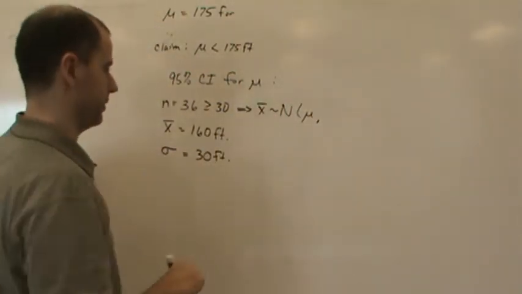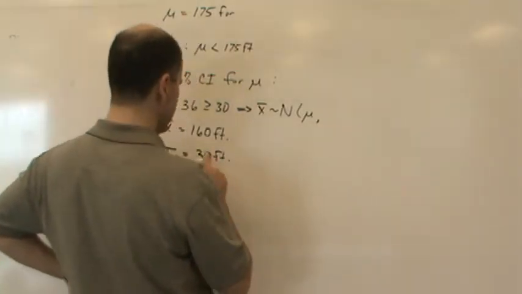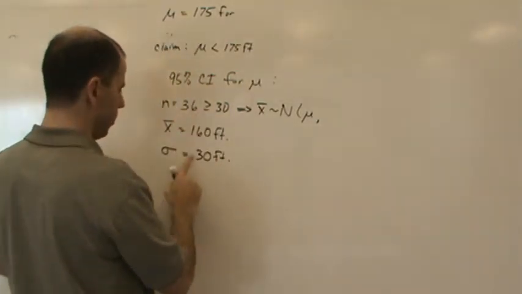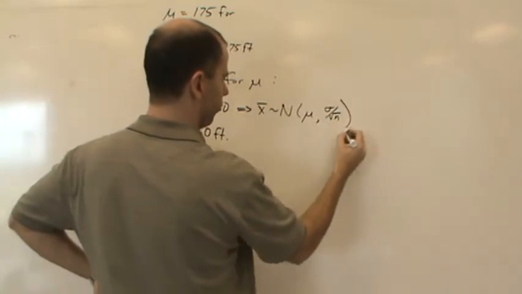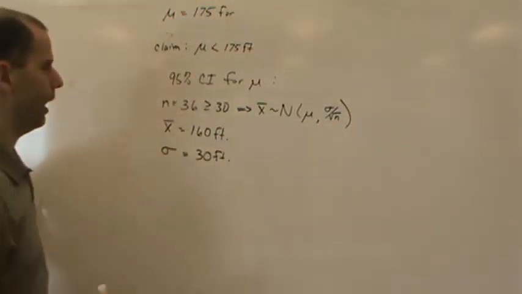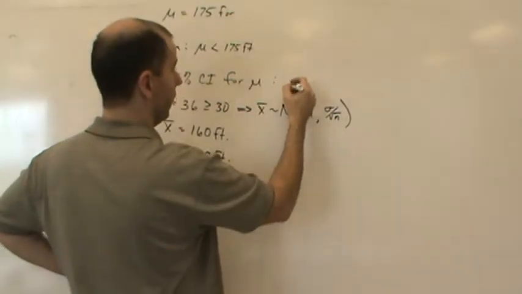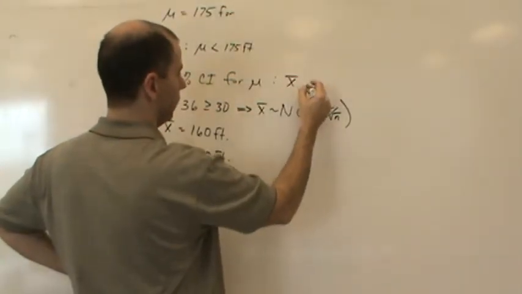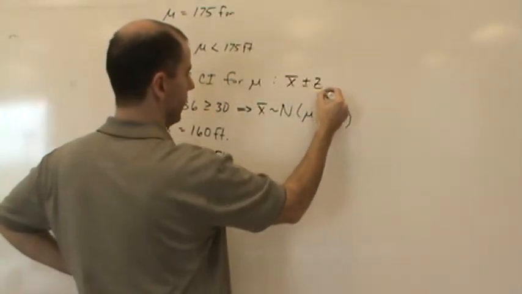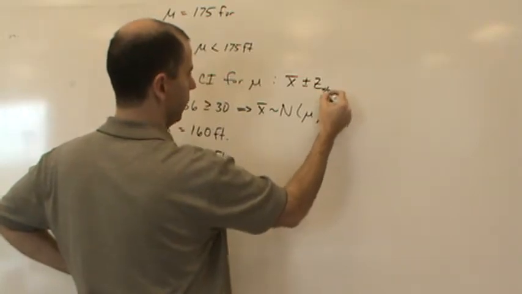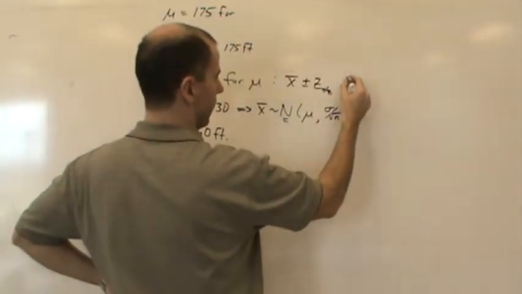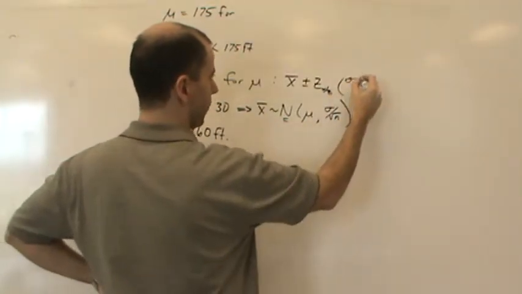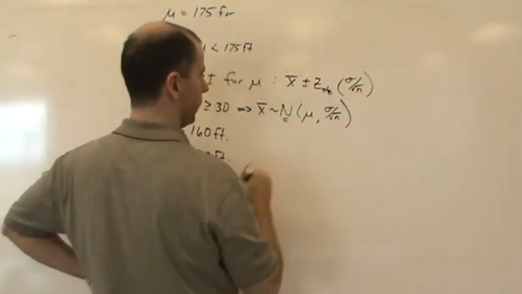But we do know sigma. Sigma is 30, so the standard deviation is sigma divided by the square root of n. Okay? So now, our confidence interval is going to be x bar plus or minus z alpha over 2. Why? Because we know x bar is normal, and the standard deviation is sigma divided by the square root of n.